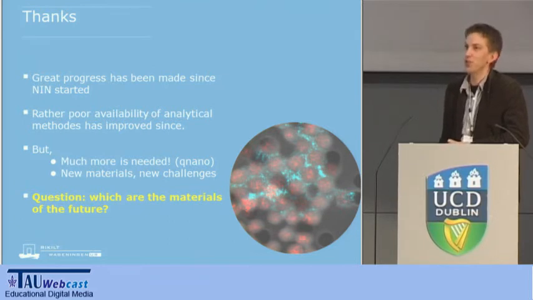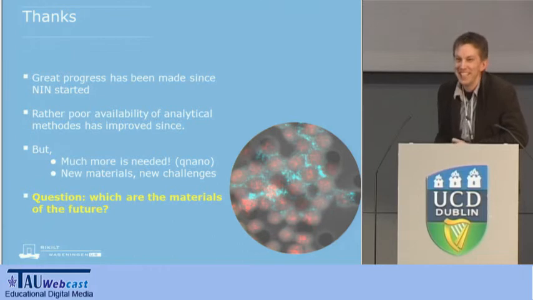So is it really true that we still continue to work with silver, with gold, with titanium oxide? And is that all the future has to bring us? Well, if life would be this easy as the silence of now.